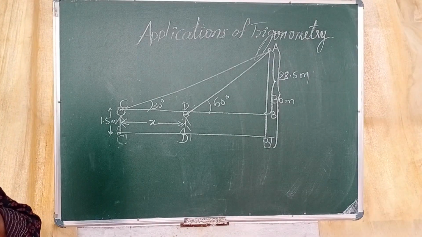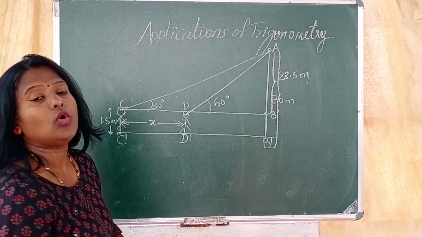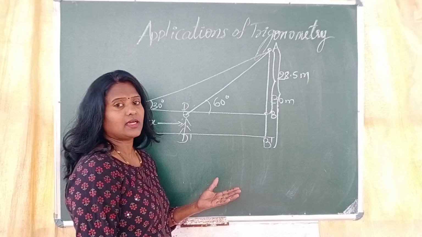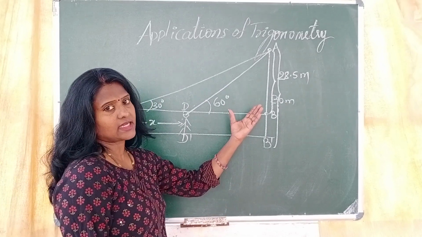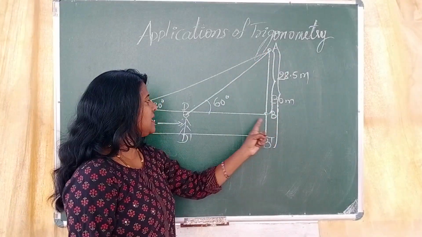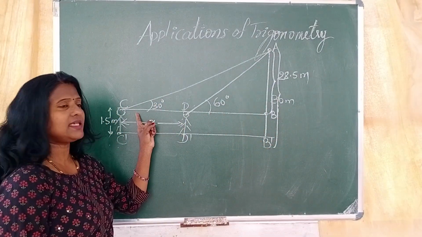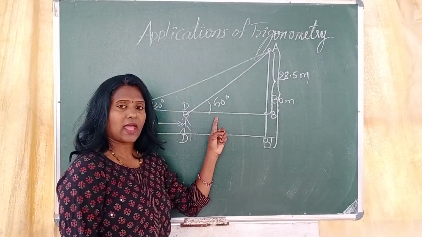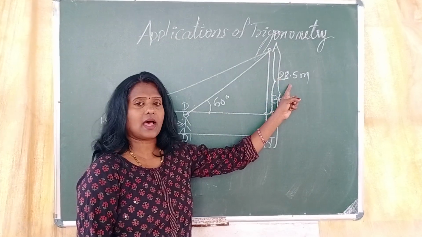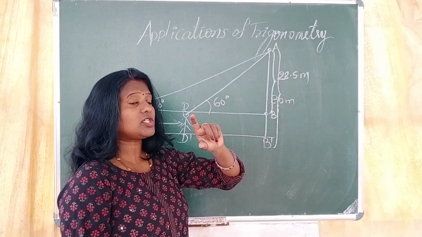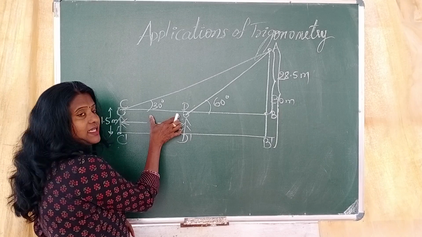Okay, now as you know, we need a right angle triangle. So here I got two right angle triangles, one is ABD and another one is ABC. And I know two angles and one of the sides. Now what is the question? You have to find out CD.